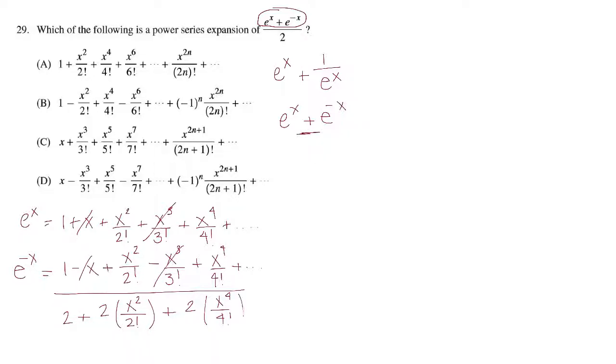So this is going to be our e to the x plus e to the negative x. And then if I come back and I've got to divide every part by 2, well, look at there. Everything just falls away. All of those outside 2's. So then that leaves me with answer choice A. So this problem ended up not being as terrible as it looks.